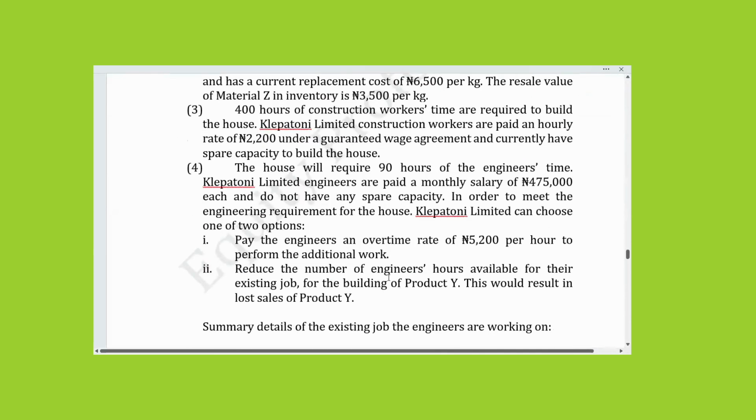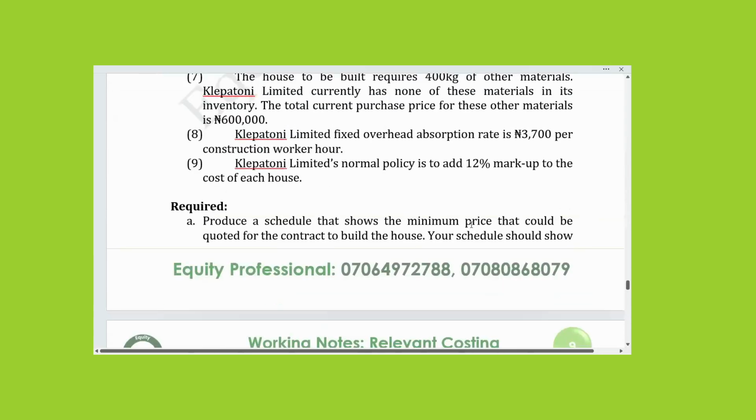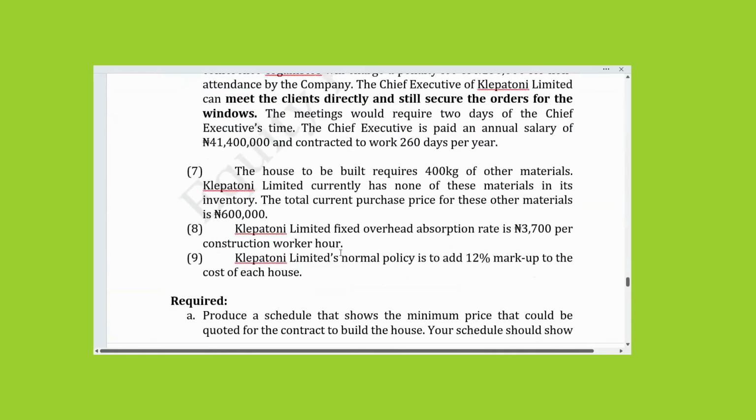And that is why the examiner is asking you to produce a schedule that shows the minimum price that could be quoted for the contract to build the house. So the intention of the management of Clepatoni is to quote a price that will exactly cover its relevant cost. What you are preparing is relevant cost.